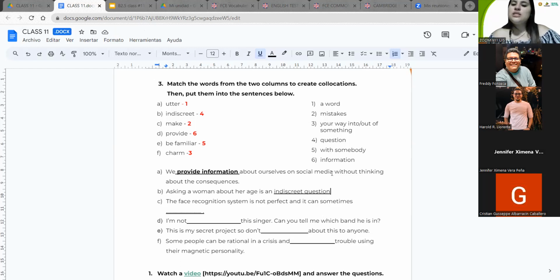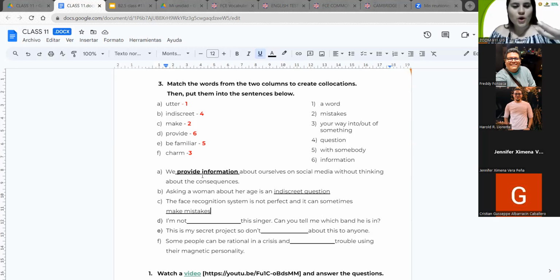The face recognition system is not perfect and it can sometimes make mistakes. Yes. For example, my two sisters. One is my older sister, and the other one is the youngest. I am the one in the middle, and they are very similar. When my older sister needs my little sister's phone to make a phone call or to find something, she uses her phone, and the face ID recognizes her.